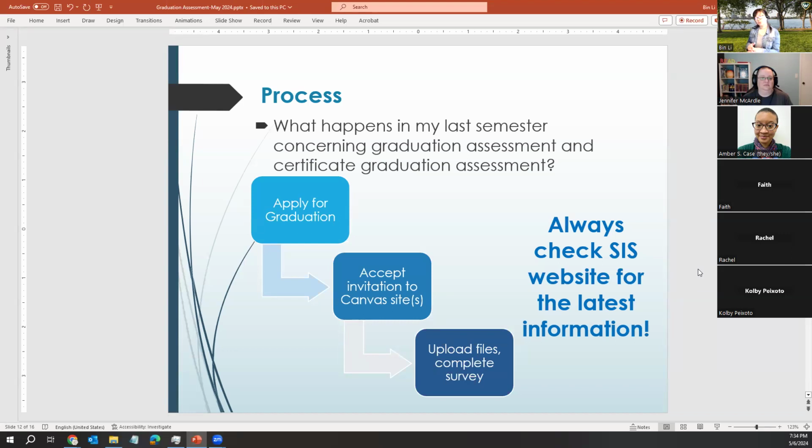But you actually don't need to wait until you are invited to Canvas. You can start working on this in your last semester, and when you are invited to the Canvas site, all you need to do is upload and complete the survey. You don't need to wait to start working on your reflective essay.